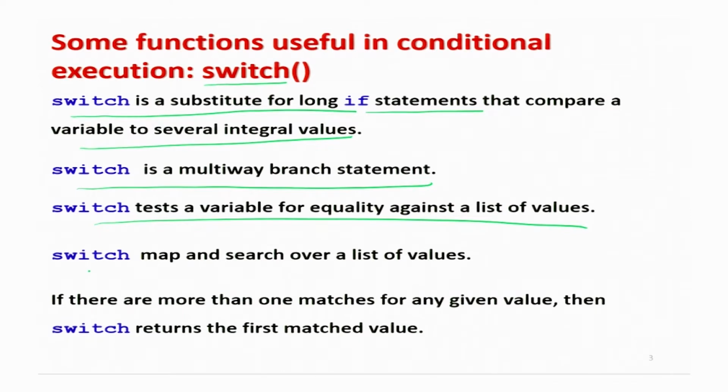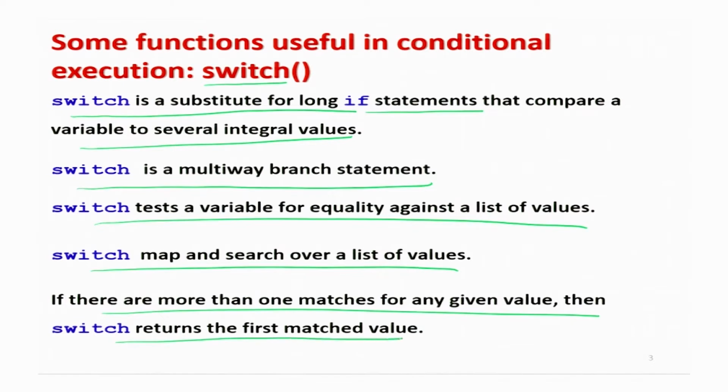So actually switch maps and searches over a list of values, right? If there is more than one match for any given value, then switch will return only the first matched value. Suppose there are 2 rooms whose numbers are 3.